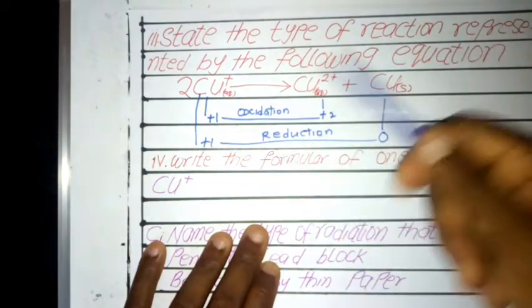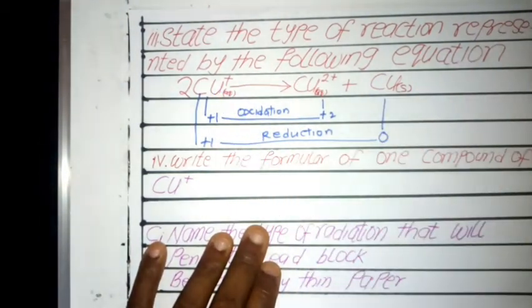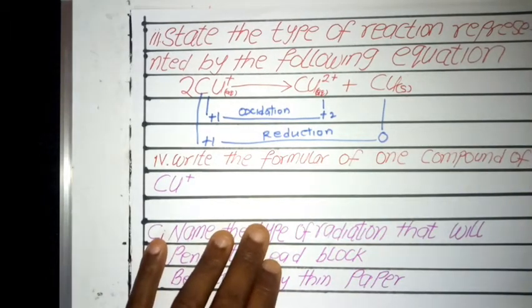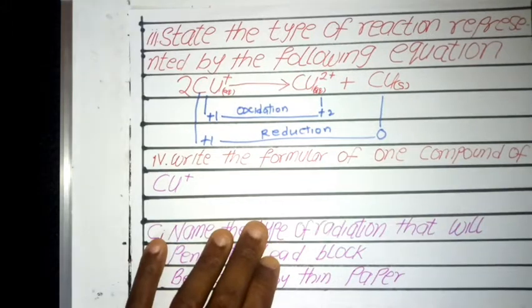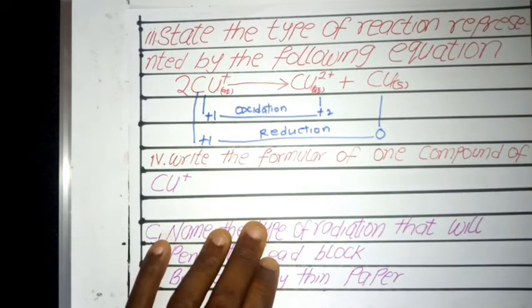So in this case, remember oxidation is loss of electrons, reduction is gain of electrons. In terms of oxidation number, oxidation is increase in oxidation number, while reduction is decrease in oxidation number.